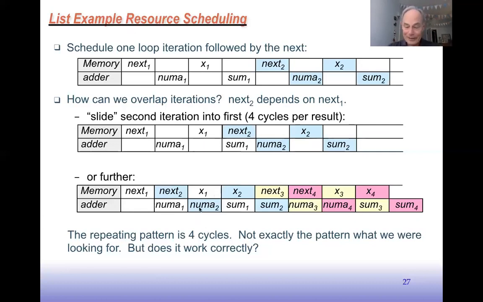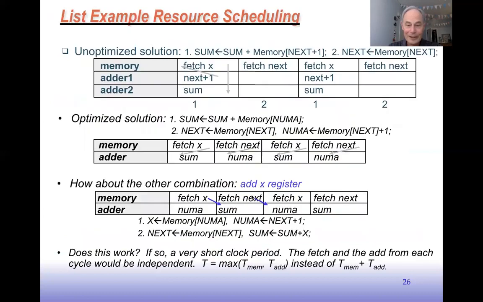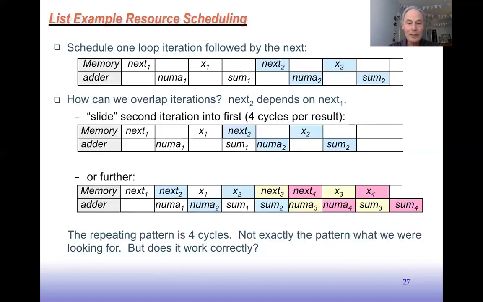I kind of alluded in the last slide to how this would actually get scheduled, but we need to look in full detail at how a cycle would get scheduled. So what we could do is start laying out operations and see how it works out. The first cycle here, and then we can overlap iterations.